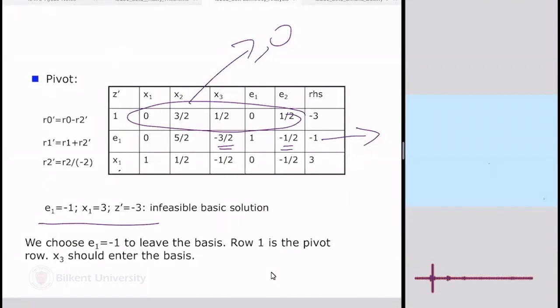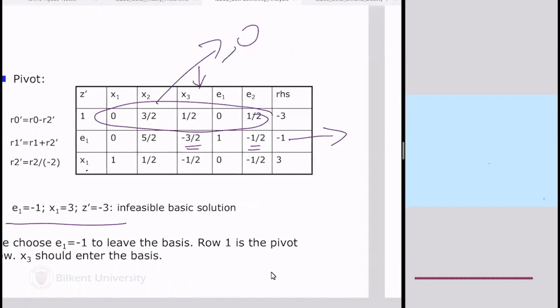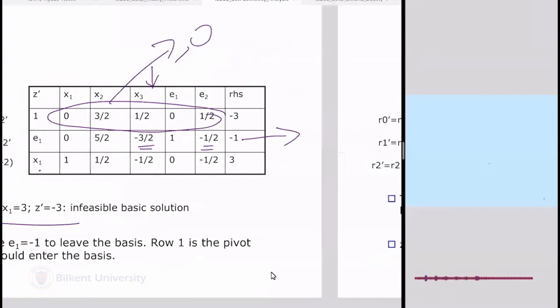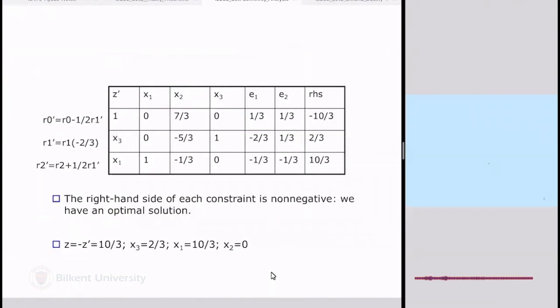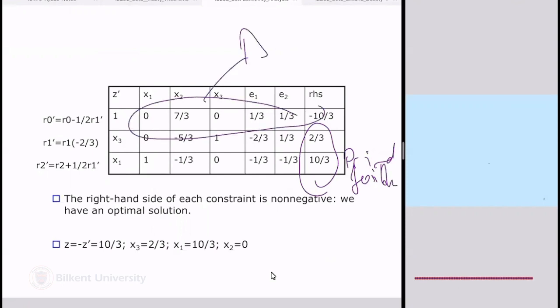If you look at the ratios, this will give you 1/3, so X3 is entering. And this brings you to the next table, which is this. Now it's optimal: primal feasible and dual feasible. So we're optimal. Any questions?